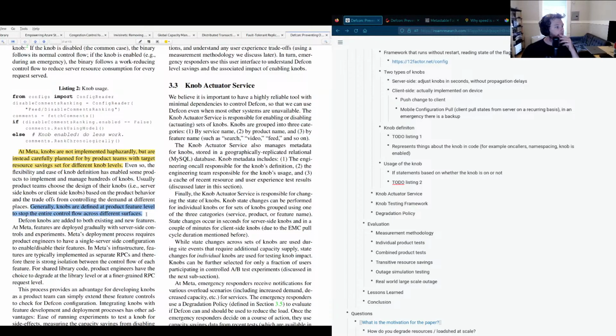Okay. So knobs are defined at product. So there's some abstraction over the individual knobs, it looks like. Oh, they actually do talk about this. Next paragraph, they talk about experiments. Okay.